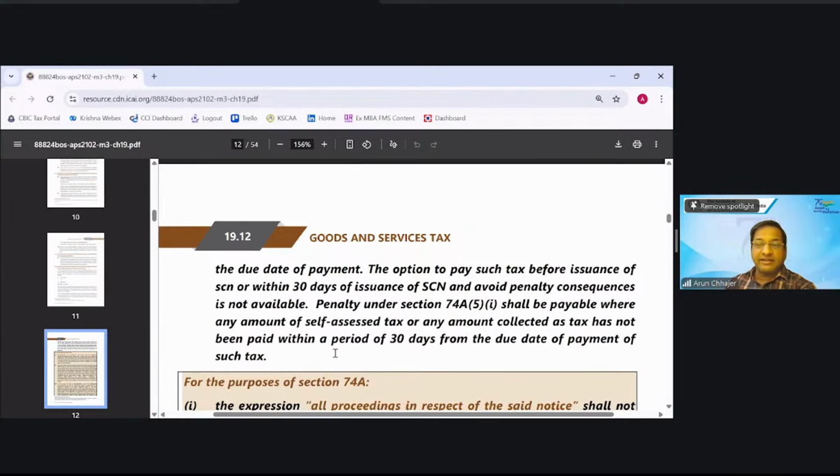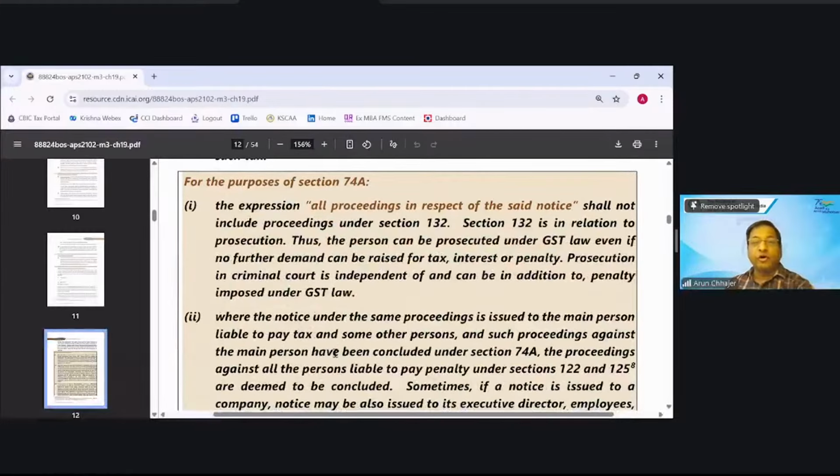Penalty under section 74 shall be payable where any amount of tax, either self-assessed tax or representing as tax, has not been paid within a period of 30 days. Now, for the purpose of 74A, the expression all proceeding in respect of said notice shall not include proceeding under section 132.